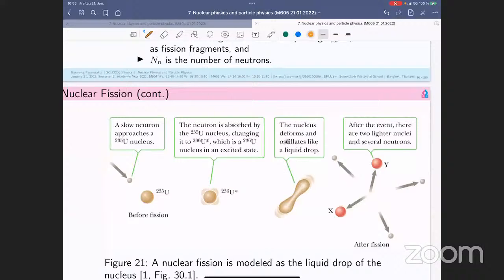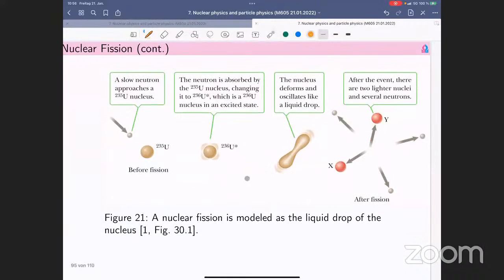The nucleus oscillates like a liquid drop, and after that they really tear apart. They are separated from each other, and some few of the neutrons are separated also from the big nucleus, and the two groups now turn out to be nucleus X and nucleus Y, two lighter nuclei plus several neutrons.